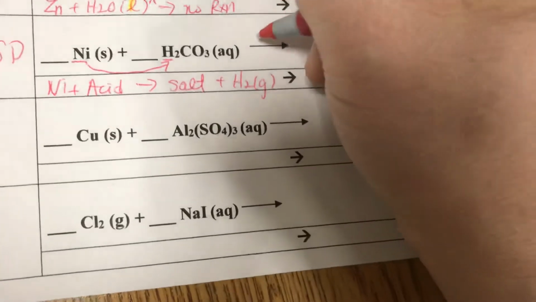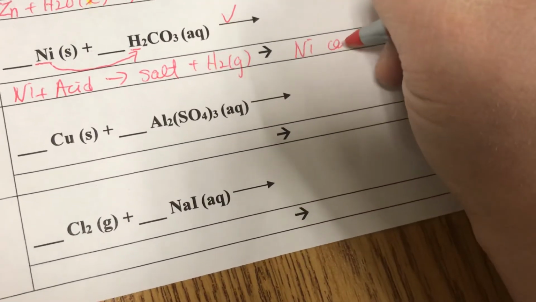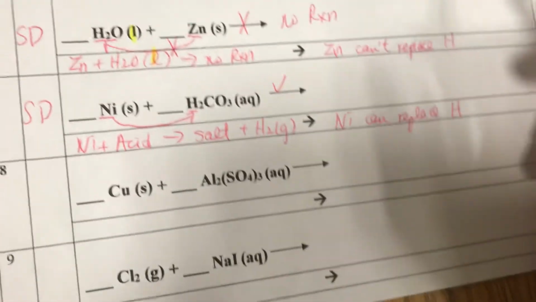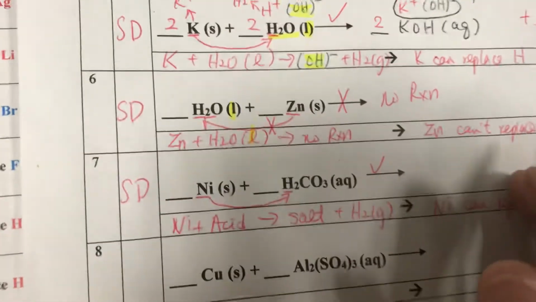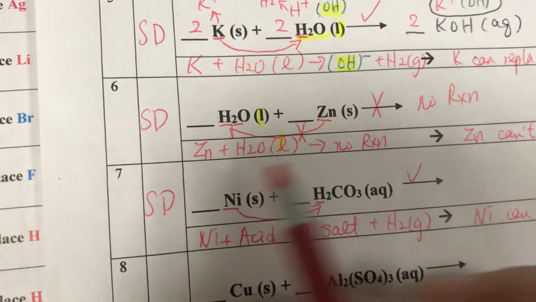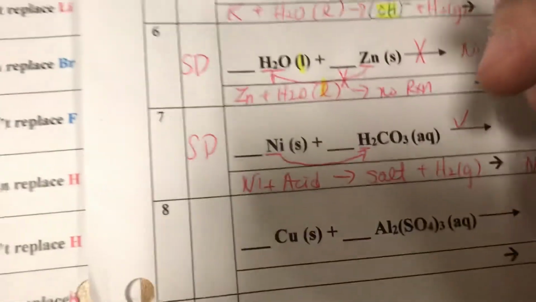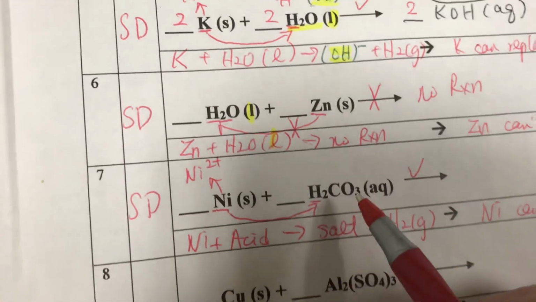If it works, the reaction takes place, then nickel can replace hydrogen. Hydrogen is part of the acid. So if it worked, that means we're going to form this back. First of all, we're going to change the identity, so the Ni to Ni2+. And here, first of all, you're going to separate them.